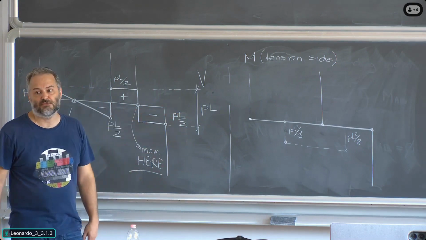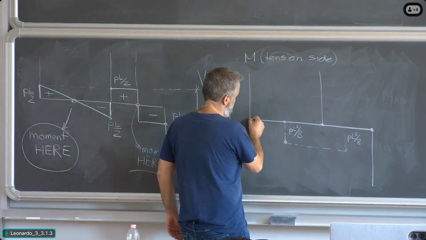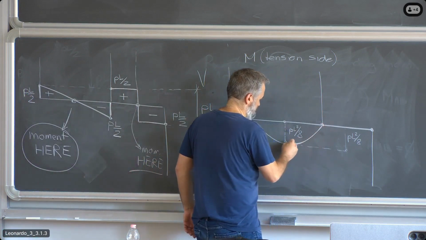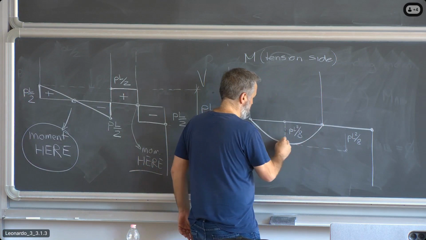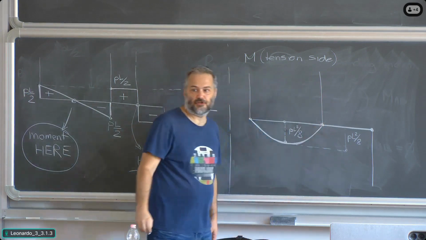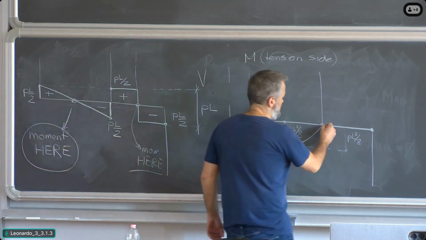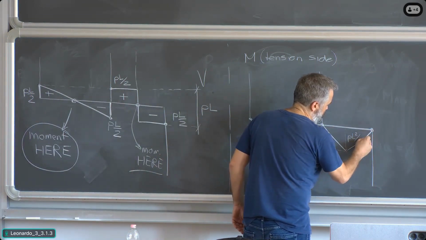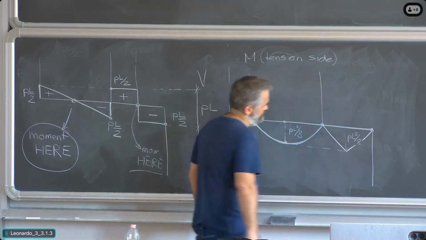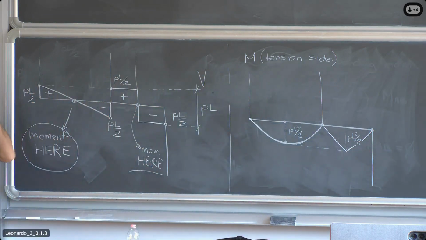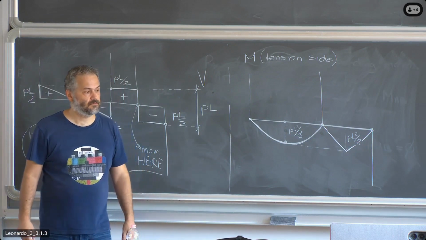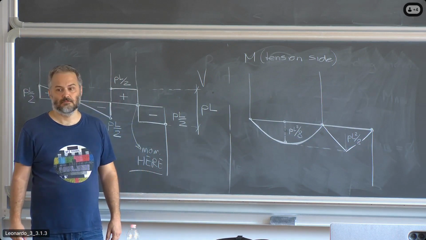The second is piecewise linear, which means this is the bending moment diagram of the first span. This is the bending moment diagram of the second span. Okay?